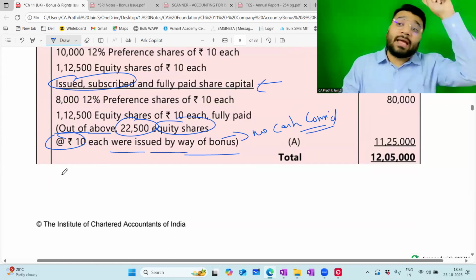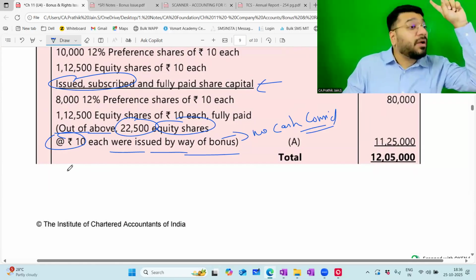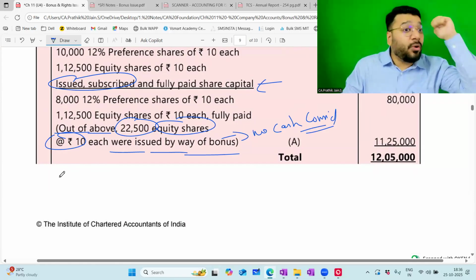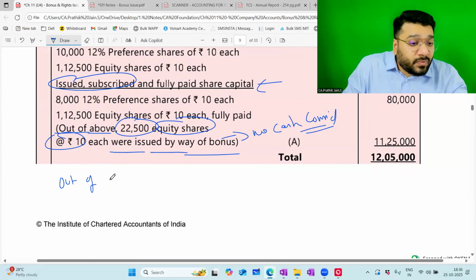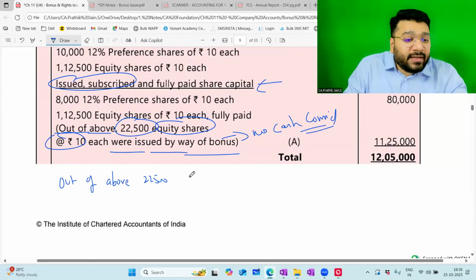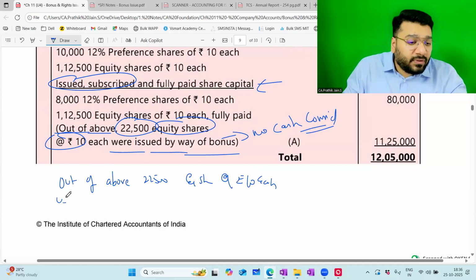For example, if I'm giving shares to a promoter, underwriter, or vendor, then how is the language? Out of above, 22,500 equity shares of rupees 10 each were issued for non-cash consideration.